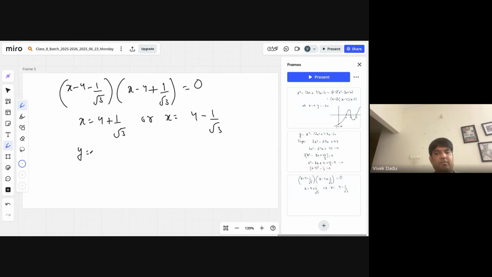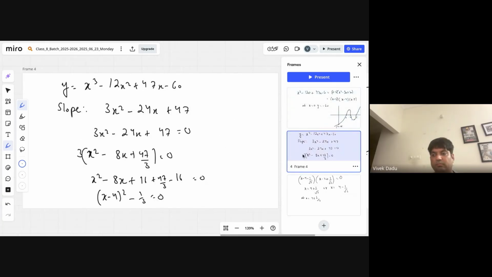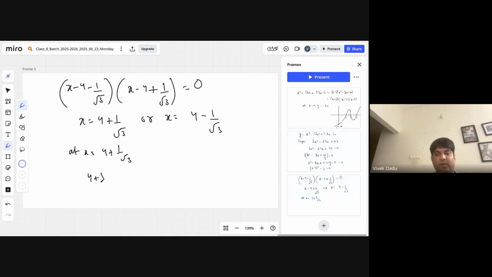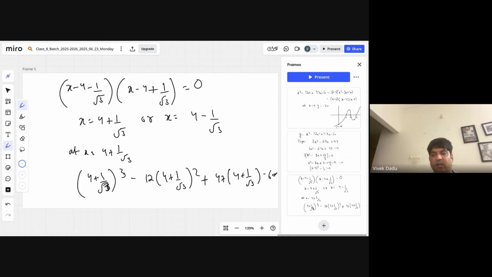So now y you have to find, right? Now this is where you can be a little smart, because finding y is the real problem here. So 4 plus 1 by root 3 whole cube minus 12 into 4 plus 1 by root 3 whole square minus 60, right?